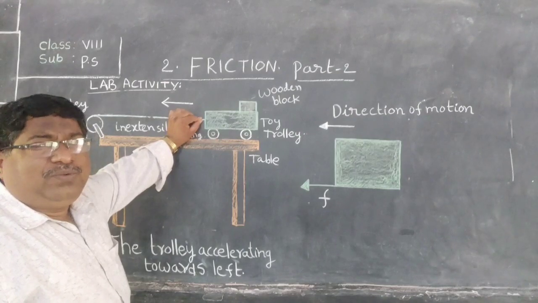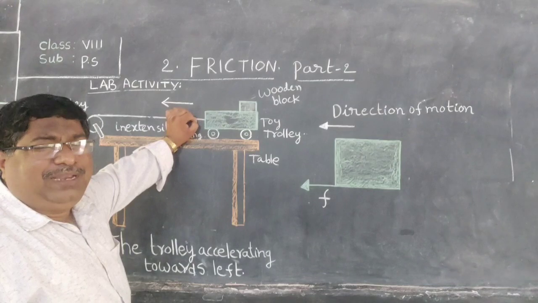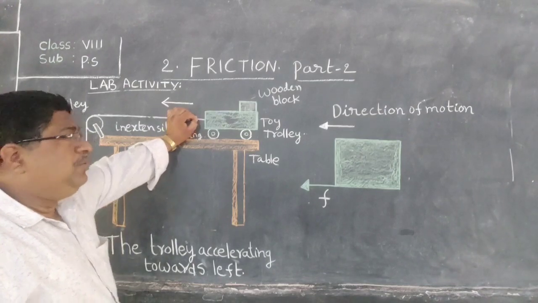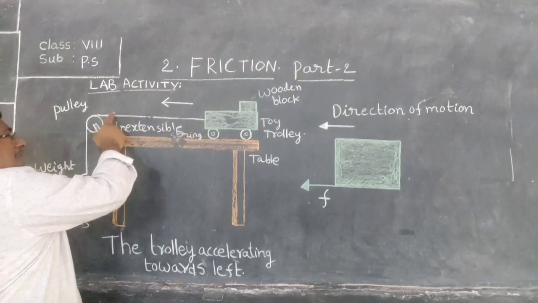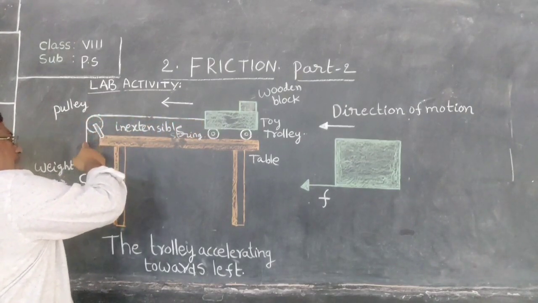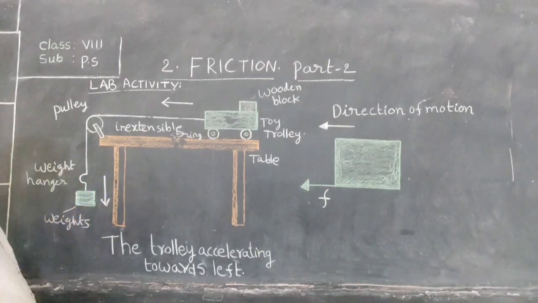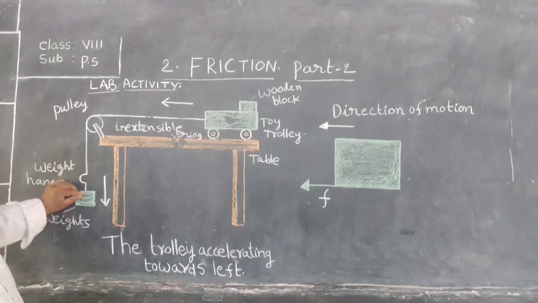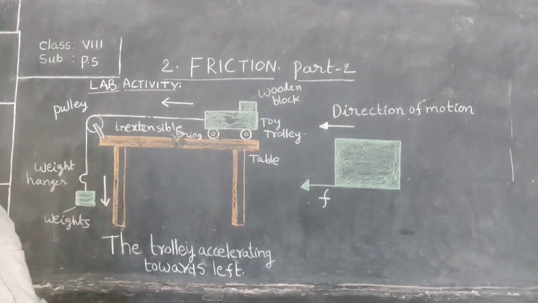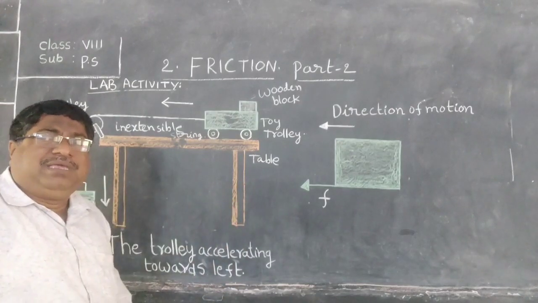We have to tie one end of the inextensible string to the trolley, and the other end is passed through the pulley and connected to the weight hanger. Inextensible string means it will not extend, it will not stretch.